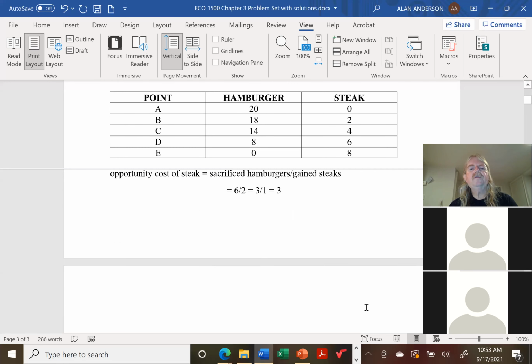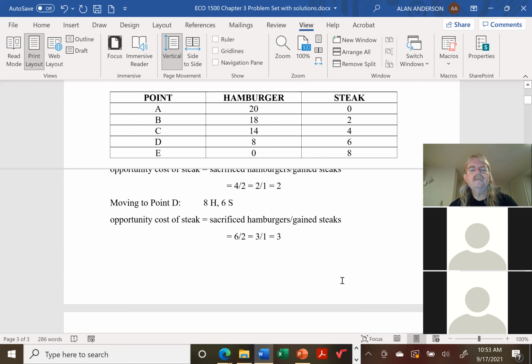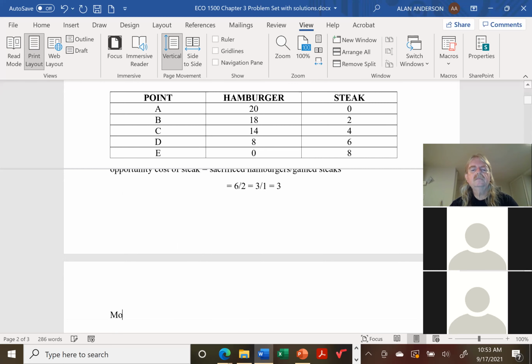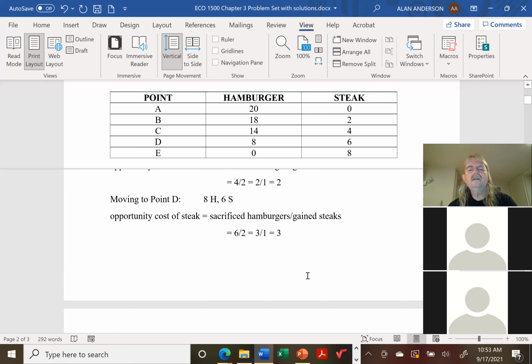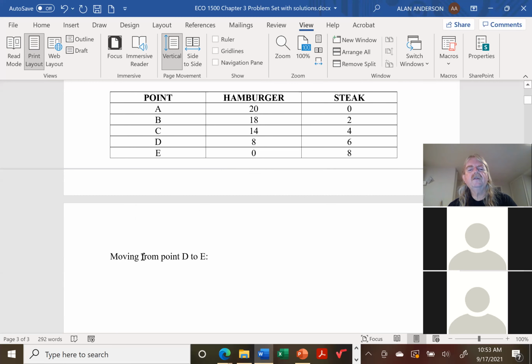And then finally, we'll move from D to E. And at point E, I'll just leave it like this, just to be consistent. At point E, we have no hamburgers and we have 8 steaks.